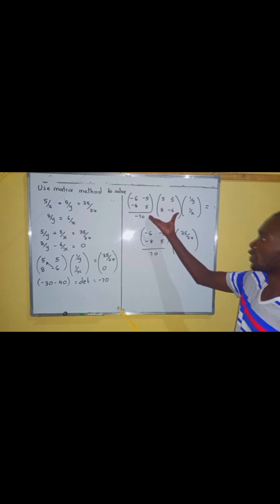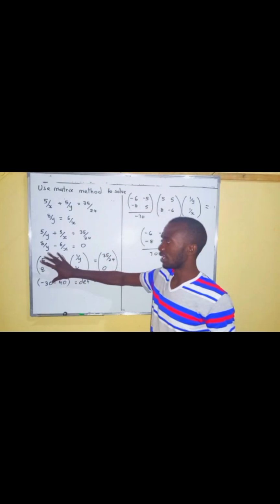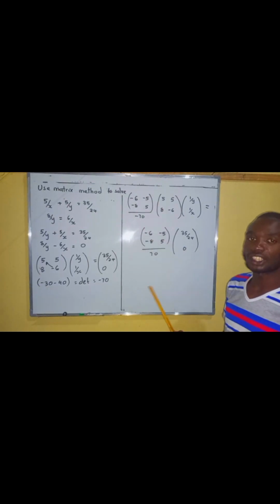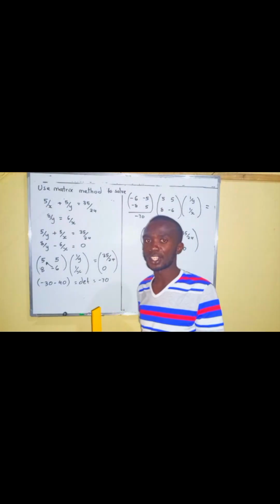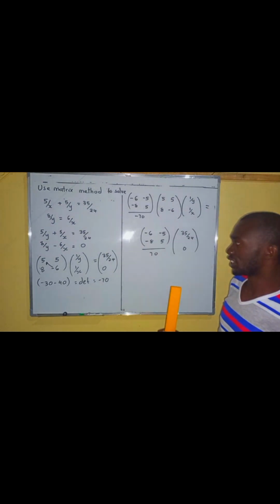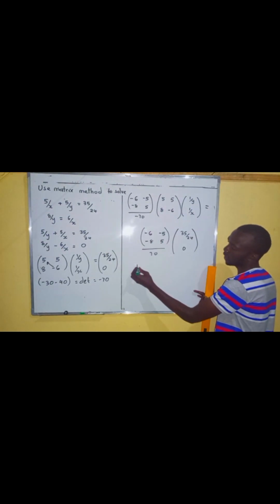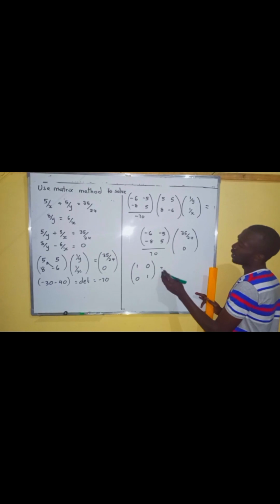So this was what was on the left hand side: you multiply by the inverse of the matrix. When you take a matrix and multiply by its inverse, you will always get an identity matrix, which is 1, 0, 0, 1, then multiplied by 1 over y, 1 over x.